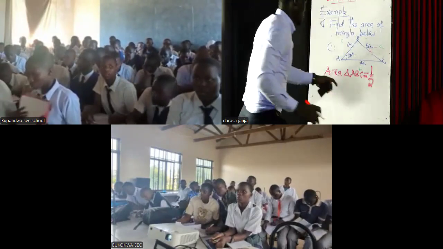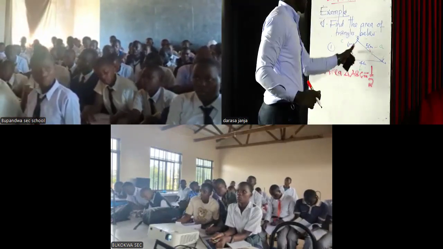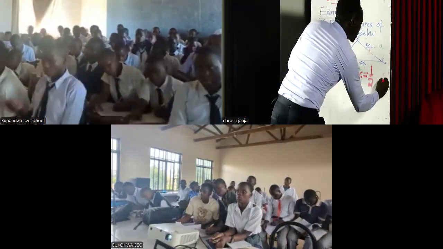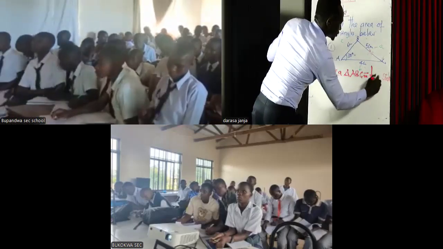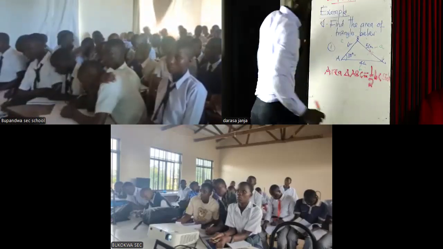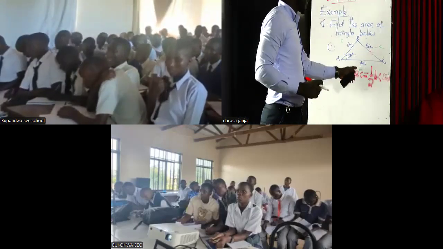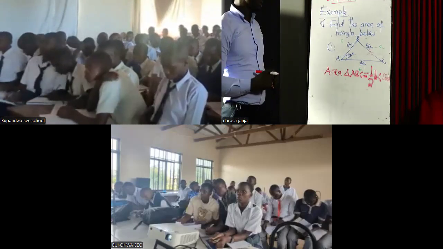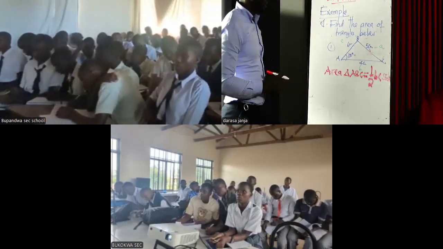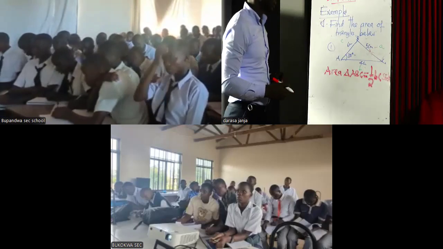Sorry, this is half times, because here this is angle A, so you must put sin A. And the remaining ones: this is A, instead you have B and you have C. So we're using side B and side C in our formula. We're excluding side A because we are dealing with angle A.